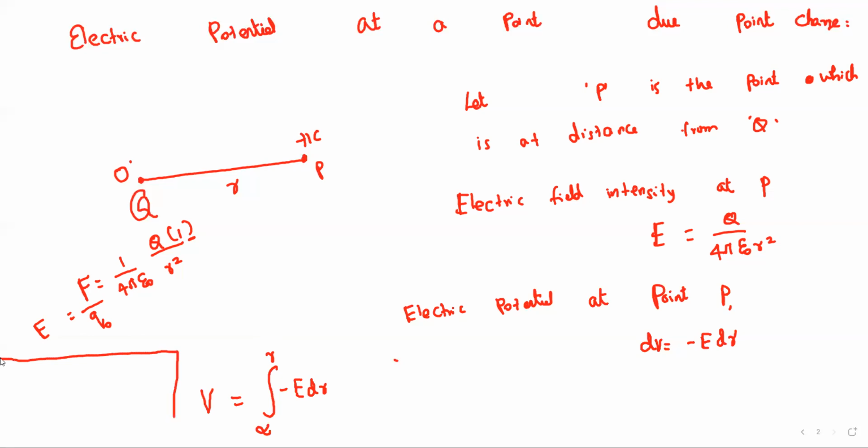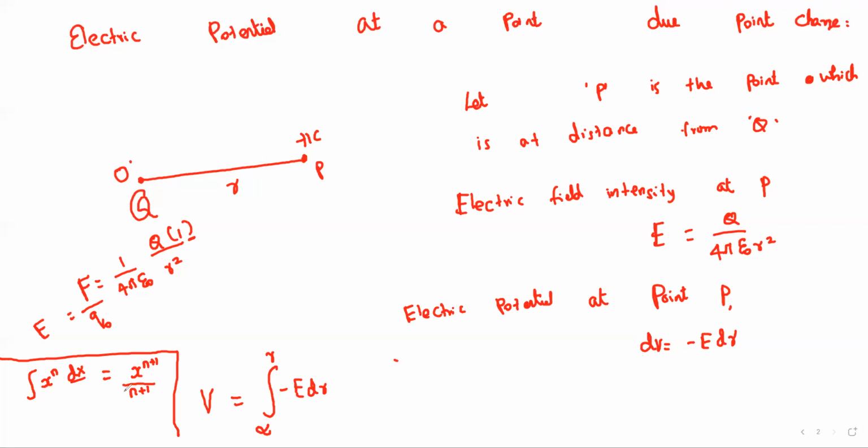Now, for integration, there are many formulas. One of the basic formulas is, if you are going to integrate x to the power of n with respect to x, then you have to add 1 to the power, and divide by the same.